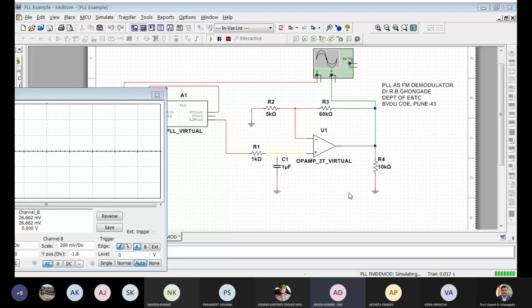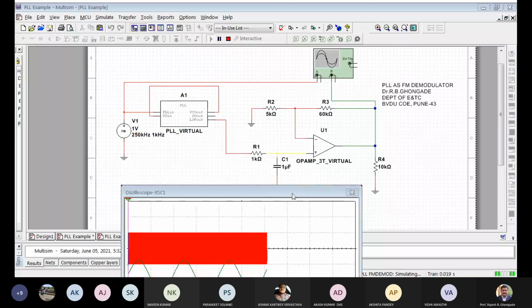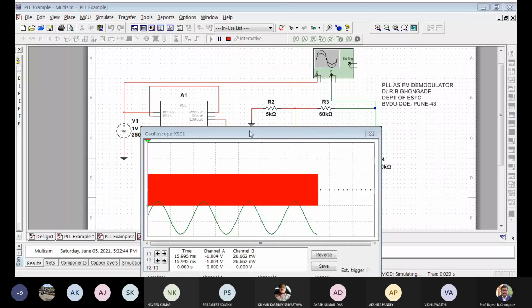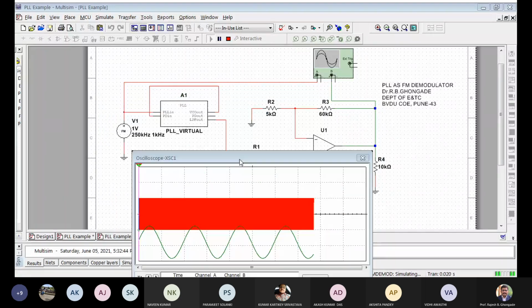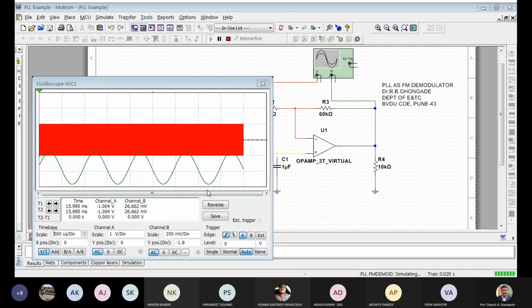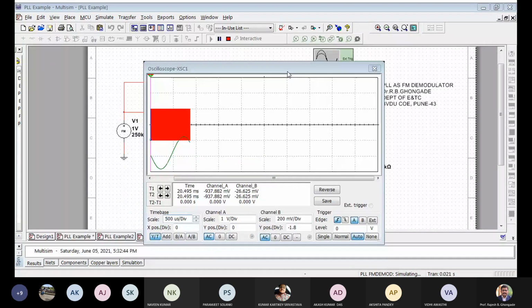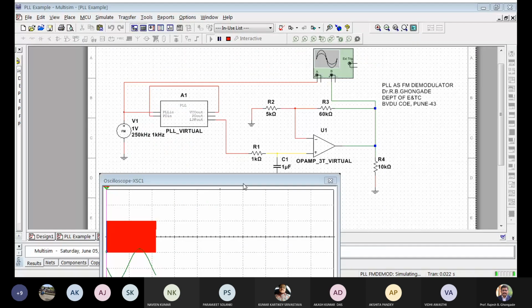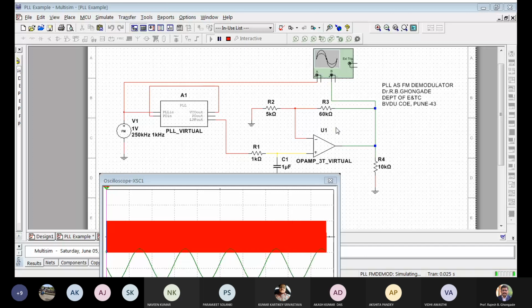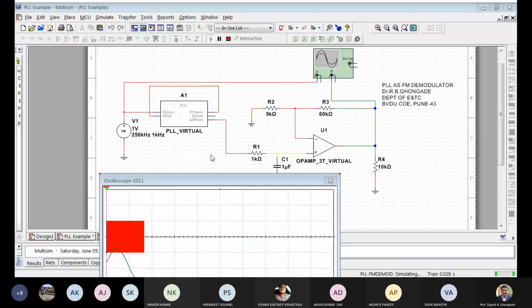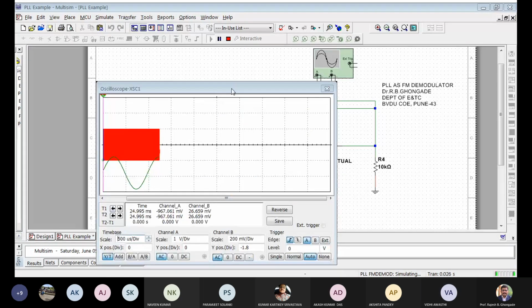Yes, it's an active first order low pass filter. So what I'm doing is I'm removing whatever is the high frequency signal, and then I'm getting a very, very clean output like this. We see the use of both the two different circuits here: PLL for demodulation of FM, and at the same time low pass filtering also. We see over here the application.